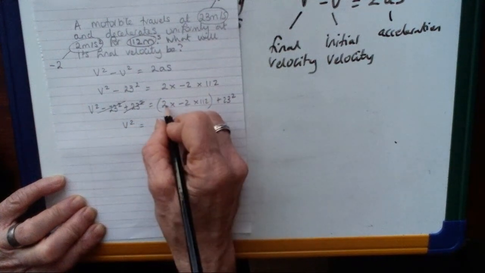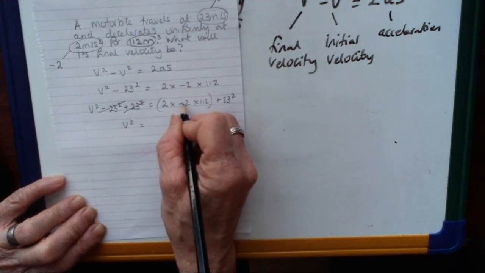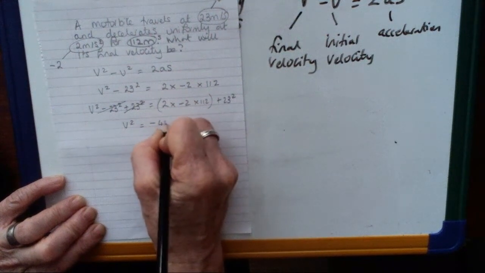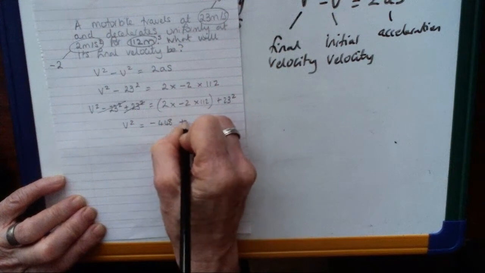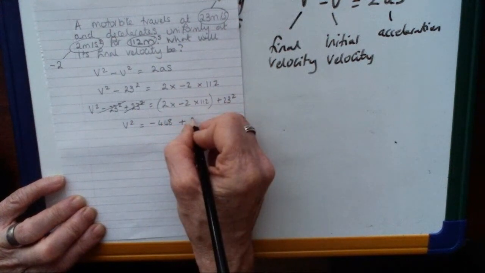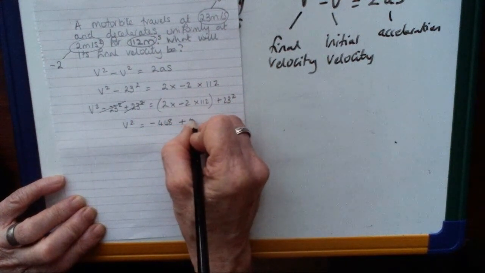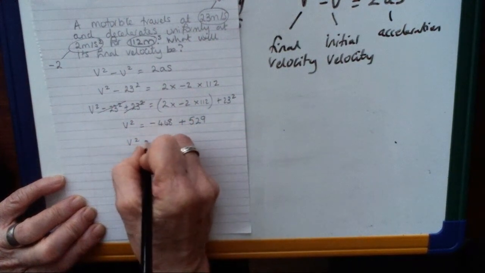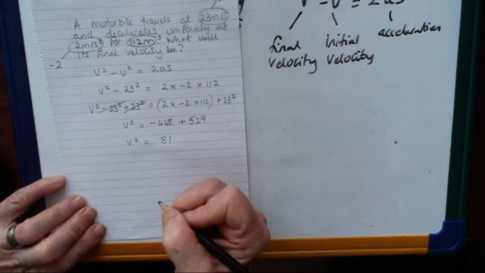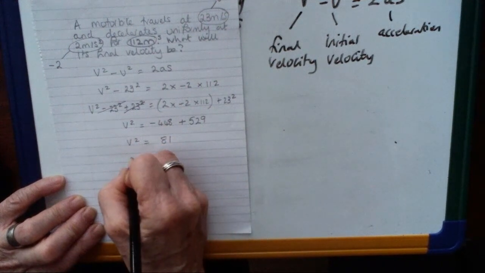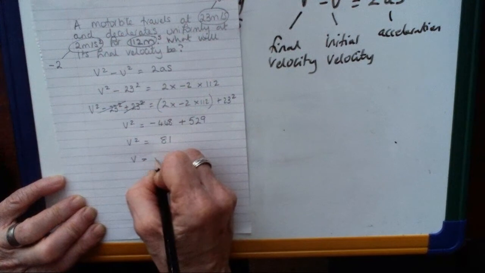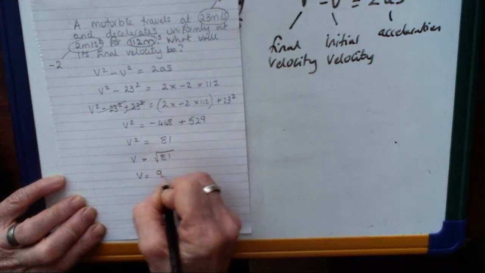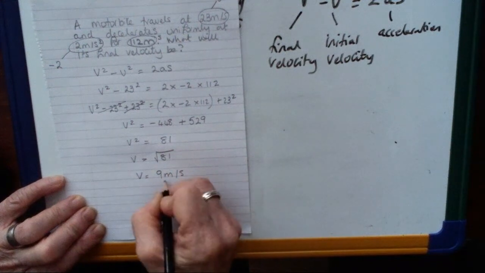We want to do the maths at this point, so 2 times negative 2 times 112 gives you negative 448 plus your 23 squared. 23 squared is 529, so your v squared equals 81, which means that v is the square root of 81, so v in this case is 9 meters per second.